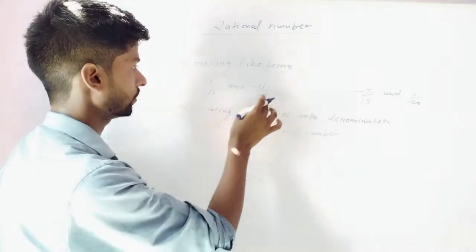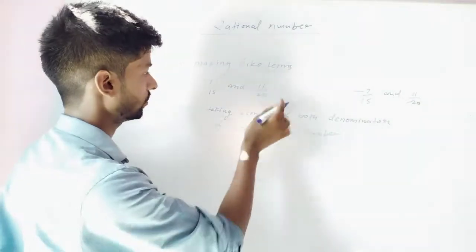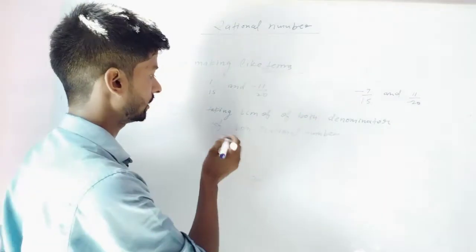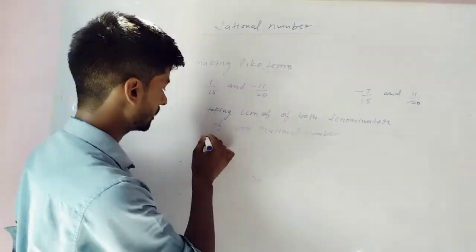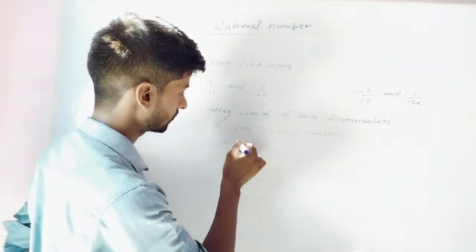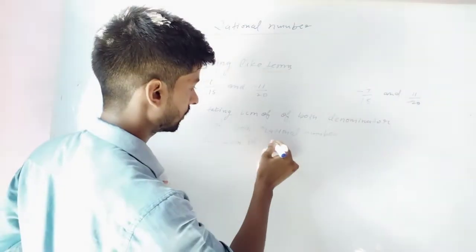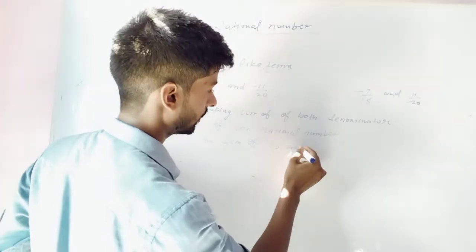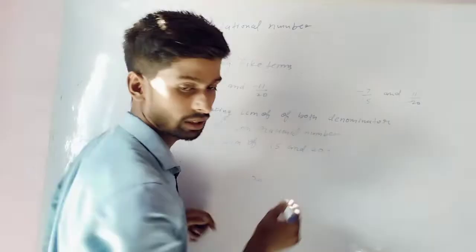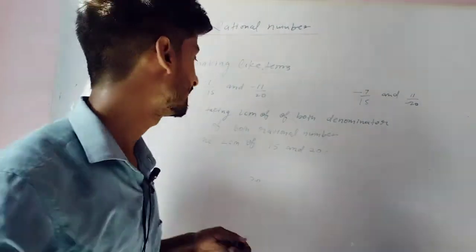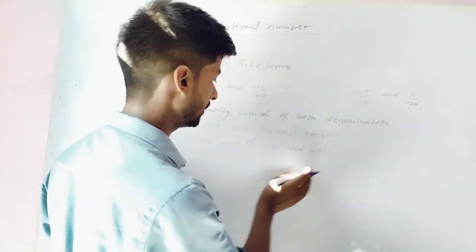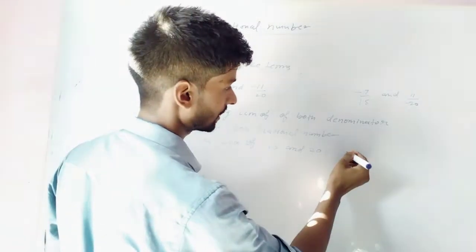So we have 15 and 20. The LCM of 15 and 20 is 60.